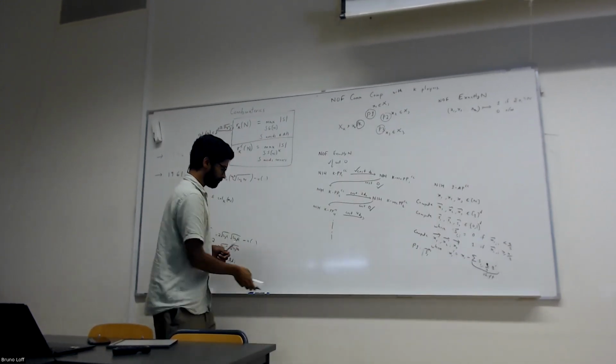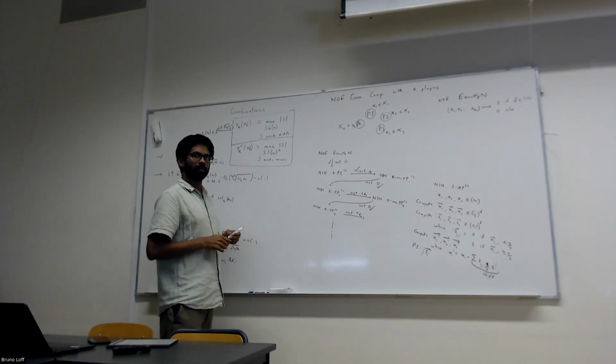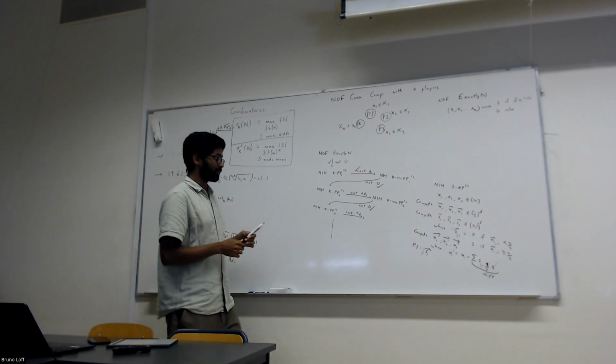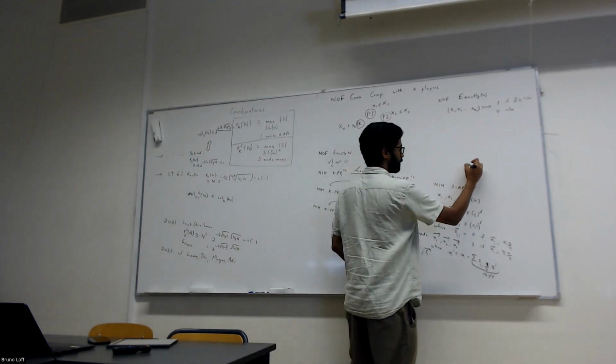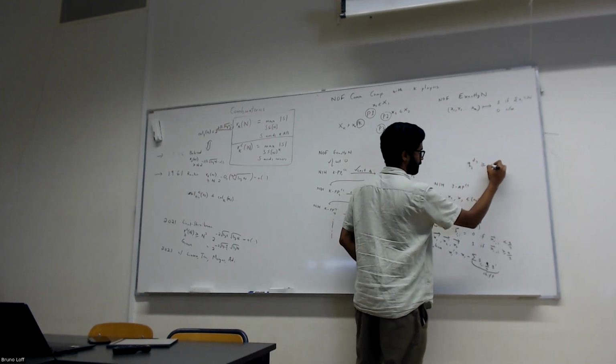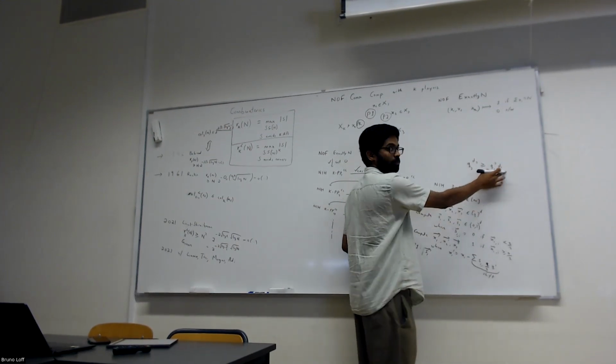The Q also changes at each step. So the Q has to be enough to represent the number. So you want basically Q2 to the D2 to be at least Q1 squared D1, because that's the size of the number that represents them.